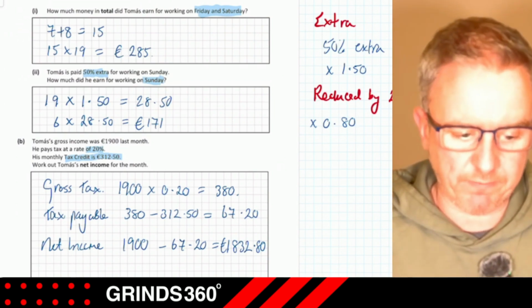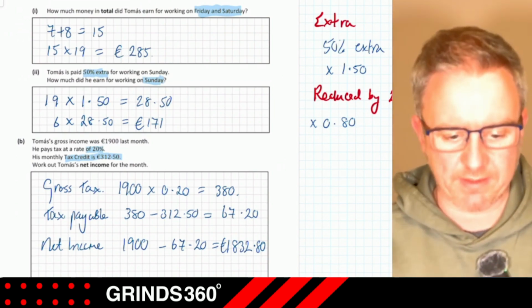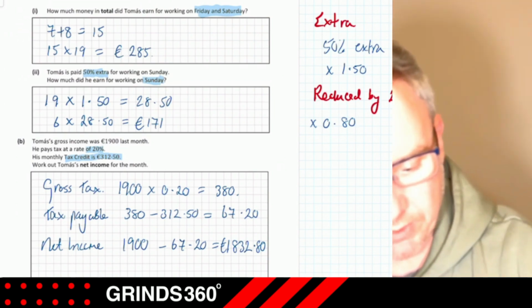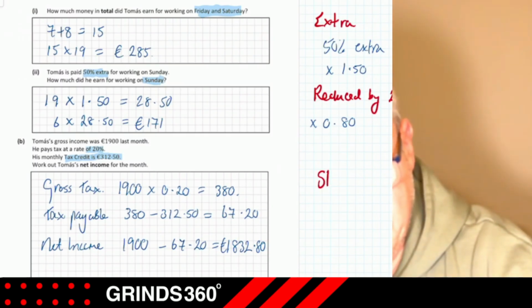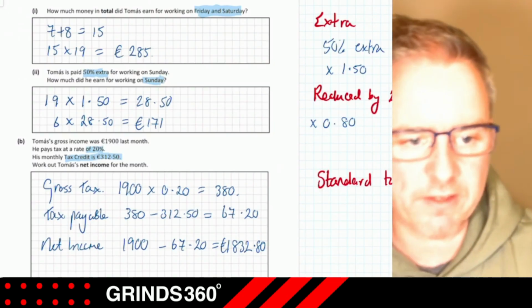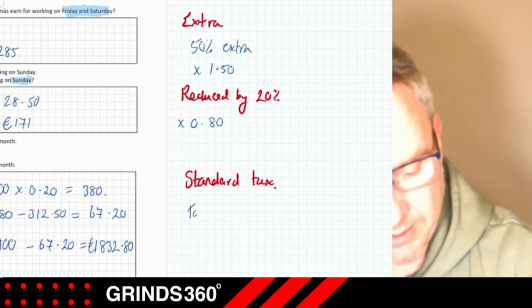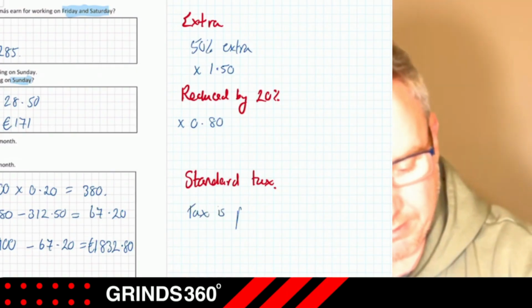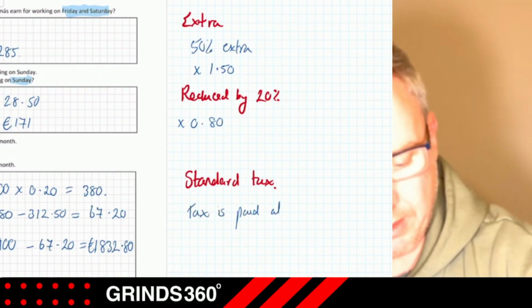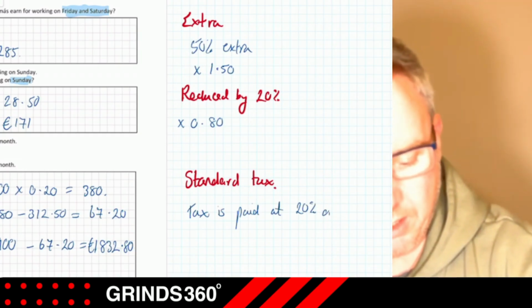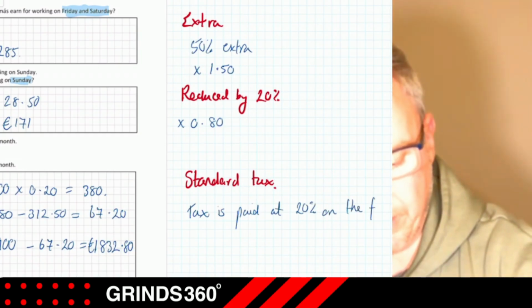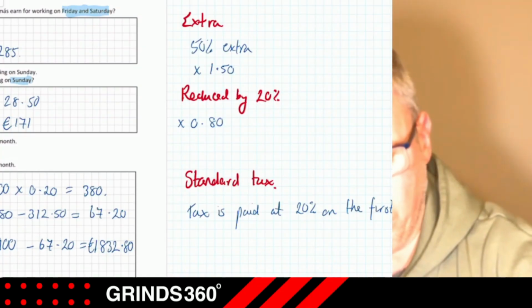Nothing to stop them from putting in the higher rate of tax this time. So if that happens, the standard tax, and the phrase that they've been using on the papers now is that tax is paid at 20% on the first whatever amount.